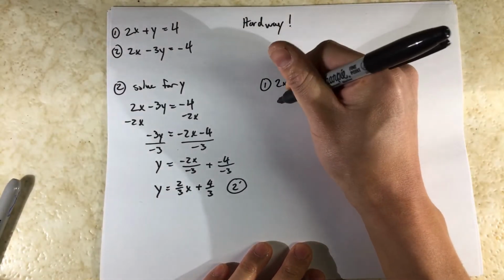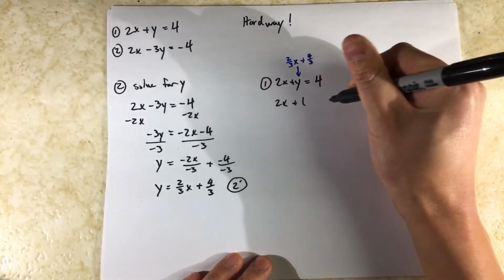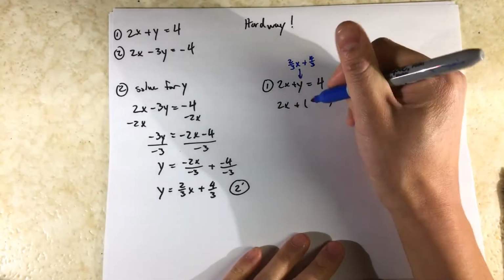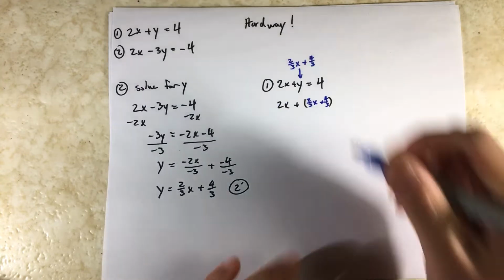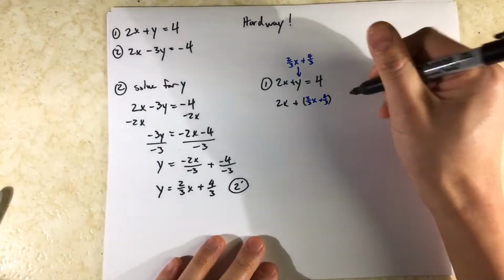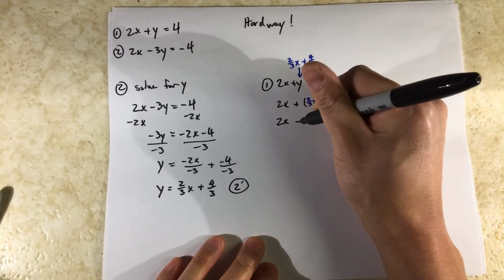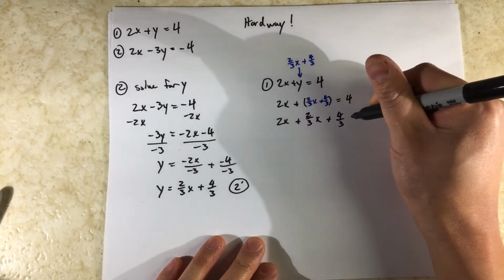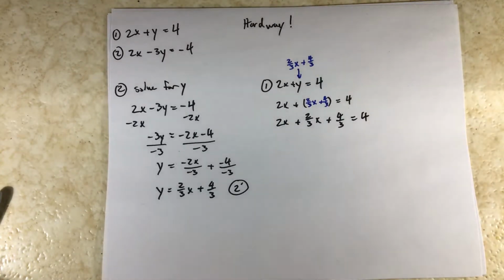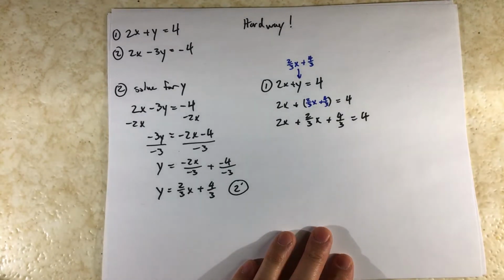Okay, so we get 2x plus, and let's do parentheses again. Let's use blue for consistency. Equal to 4. So I get 2x plus 2/3 x plus 4/3 equals 4. All I did there is get rid of the parentheses and write them as two separate terms.